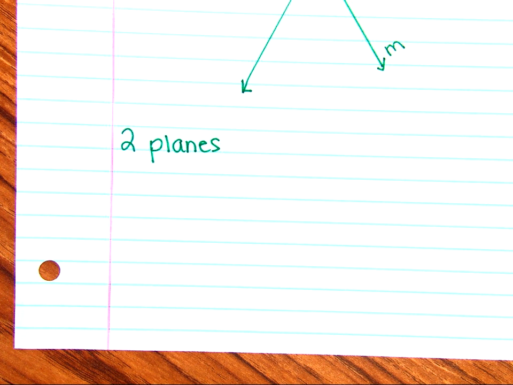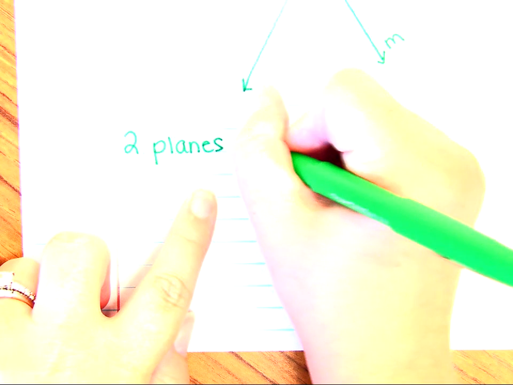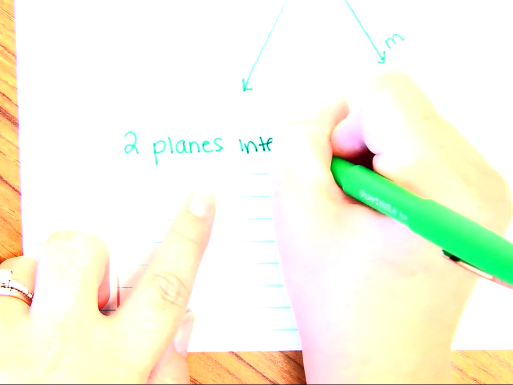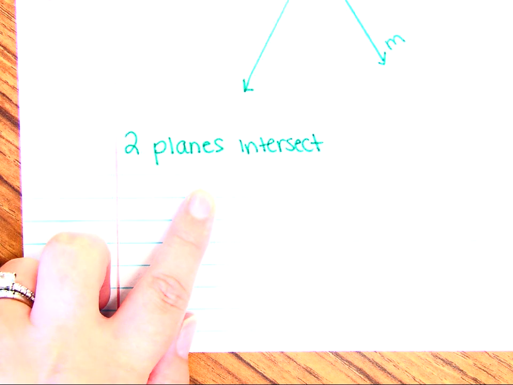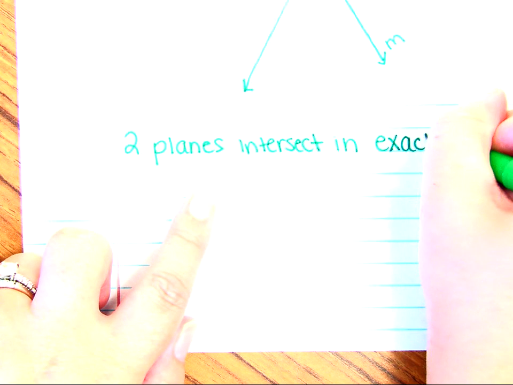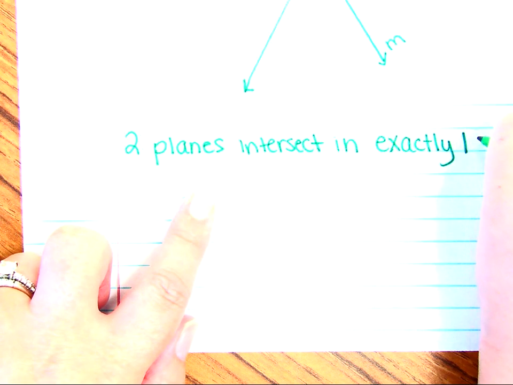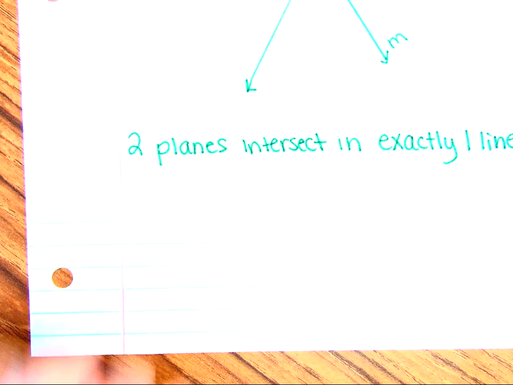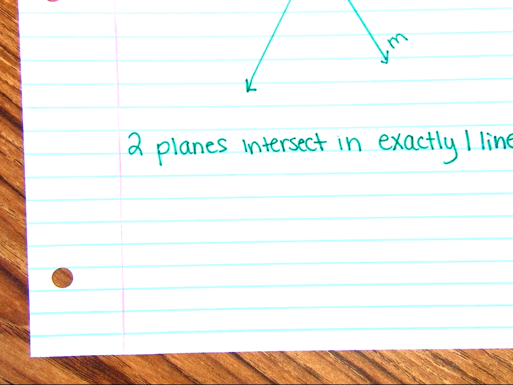As a matter of fact, it has infinitely many points that they intersect at. So two planes intersect in exactly one line. Okay, so if you look, the ceiling and a wall, they intersect in exactly one line.